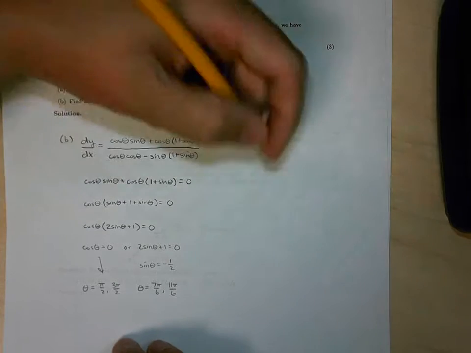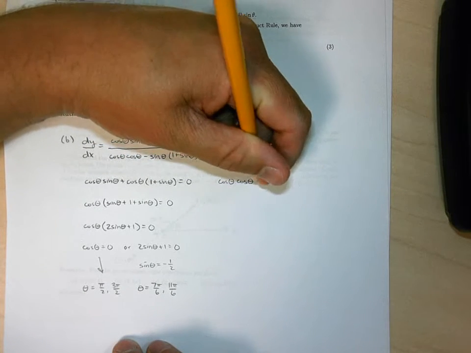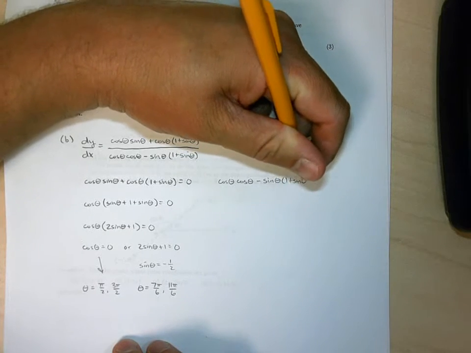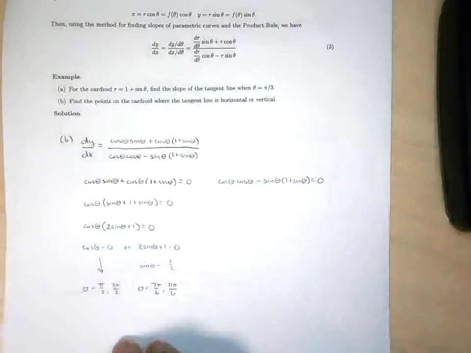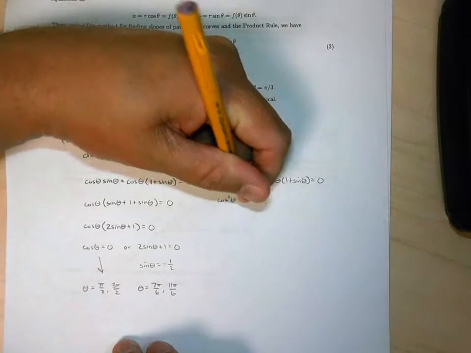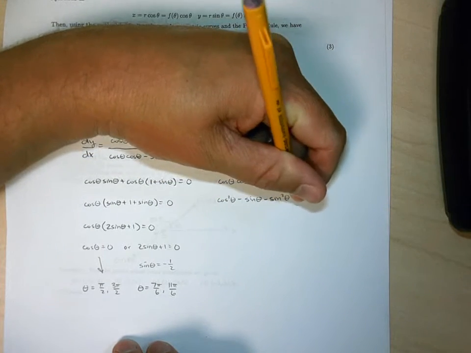For the other one, we want to know when the denominator is 0. So cosine theta times cosine theta minus sine theta times 1 plus sine theta equals 0. Might as well write cosine theta times cosine theta as cosine squared theta, and I'm going to go ahead and distribute that negative sine theta.